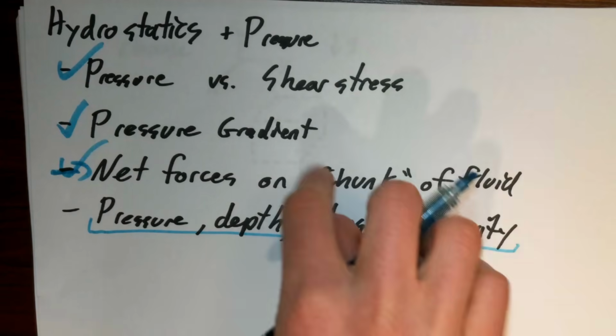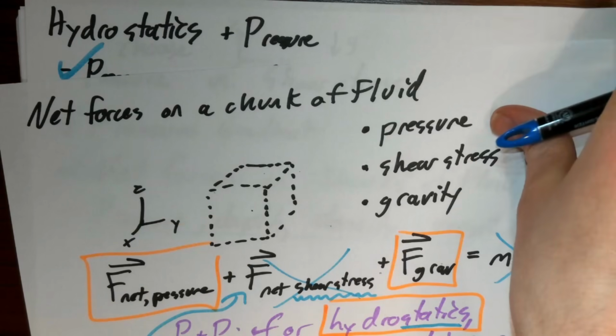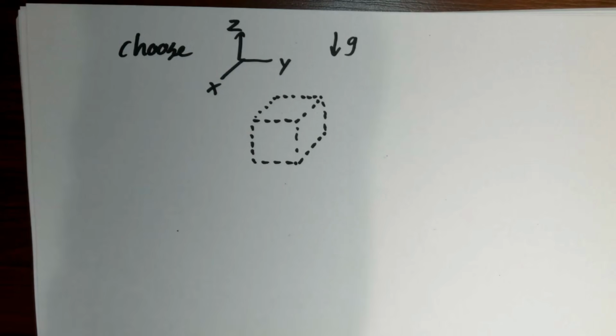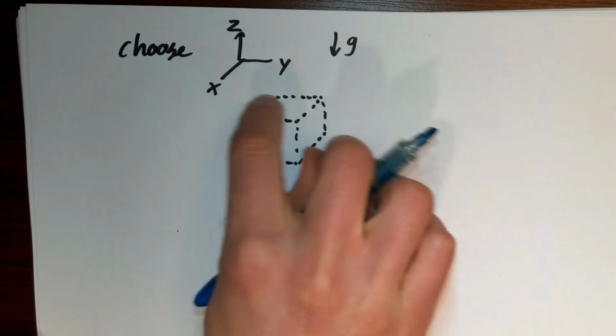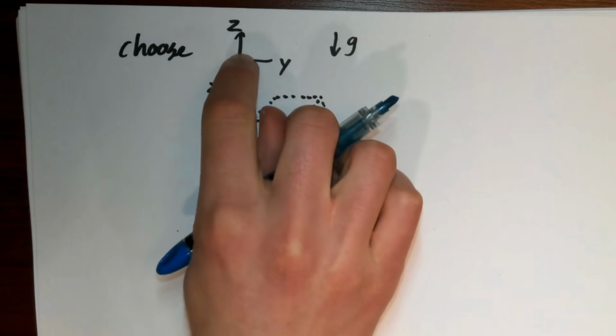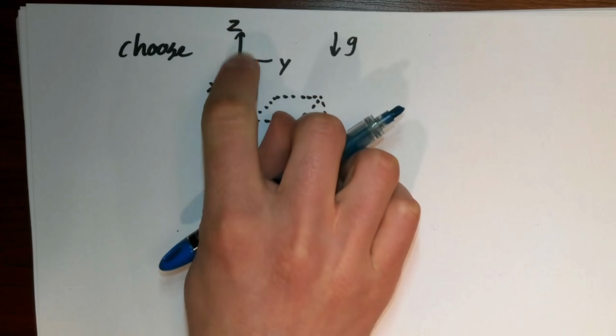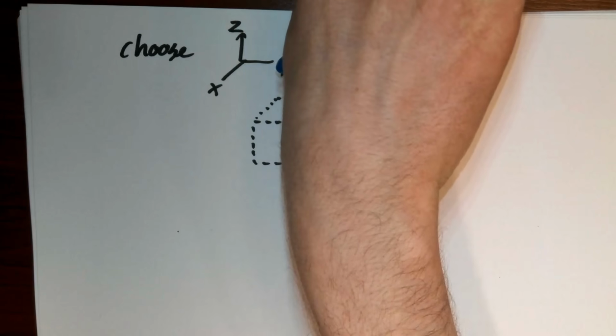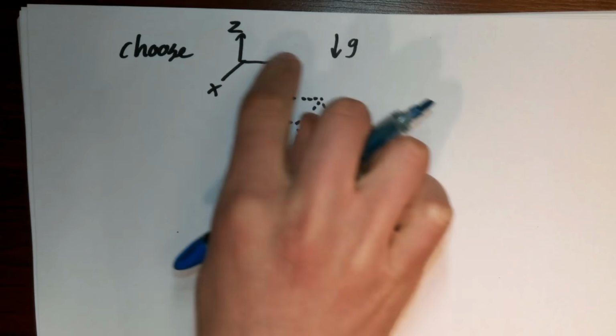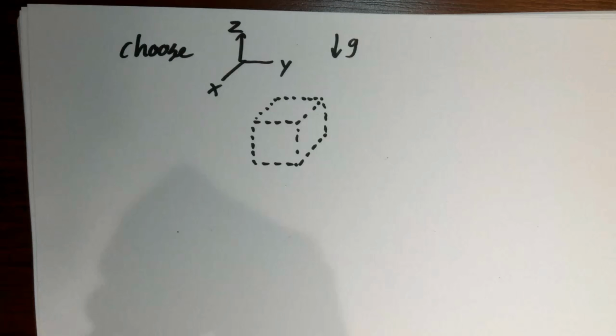So this is what we're trying to work out. In developing this relationship, it's helpful to define z pointing up, gravity pointing down, and x and y to be perpendicular to that.